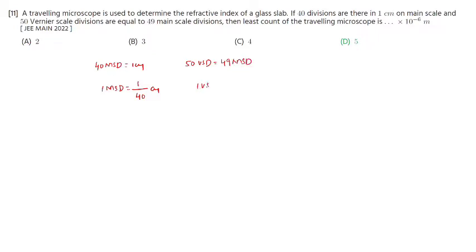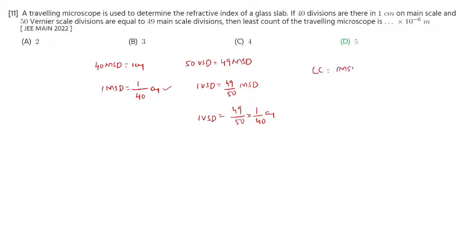So from this, 1 vernier scale division is equal to 49 by 50 MSD, but here we know that 1 MSD is nothing but 1 by 40. So 49 by 50 into 1 by 40 centimeters is 1 vernier scale division value. Now they are asking least count.